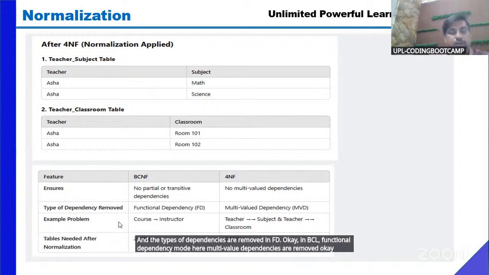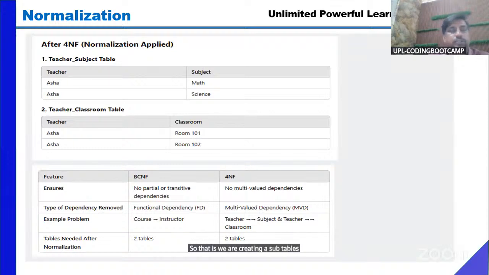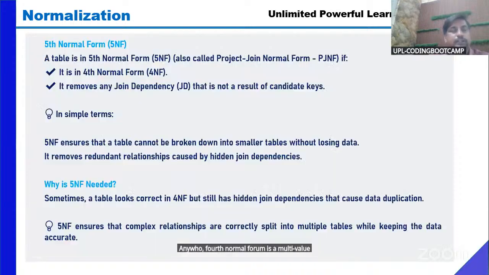Here it is one course, one instructor, that is BCNF. Here one teacher, subject and classroom, there are multiple values. The solution is to divide, creating sub-tables. That is what we call fourth normal form, which deals with multi-valued dependencies.